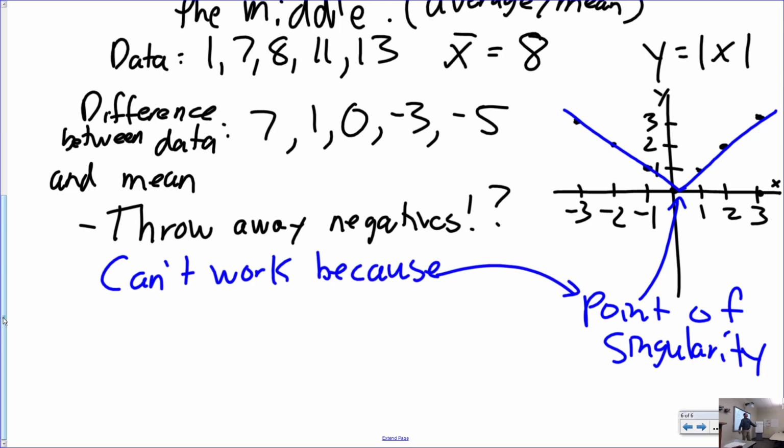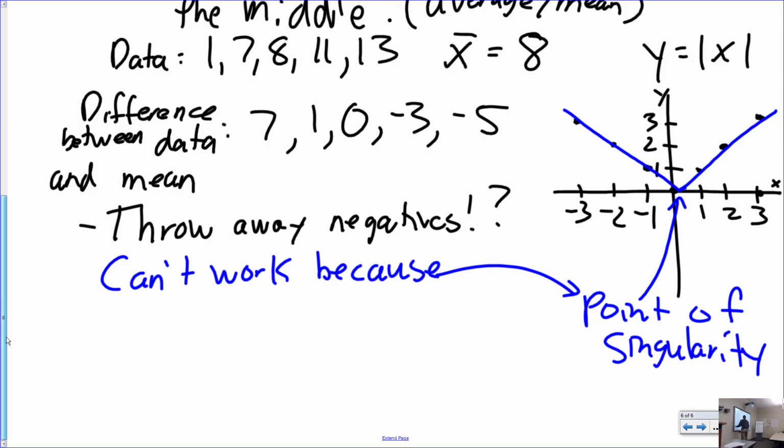So what we need is something that is not a point and is instead a nice smooth graph. And so instead of taking the absolute value of these signs, the next easiest mathematical construct that you can do is to square all of these numbers. Because what happens when you square a negative number? What's negative 3 times negative 3? A positive 9.